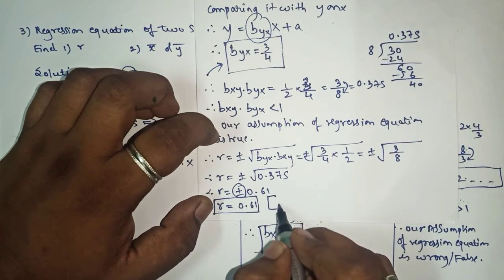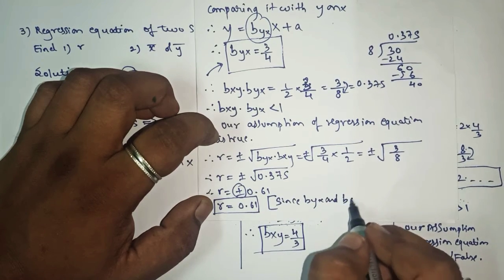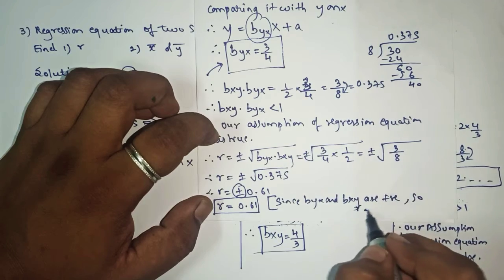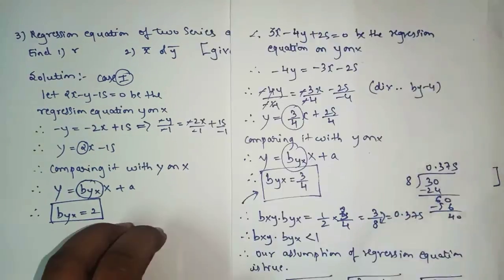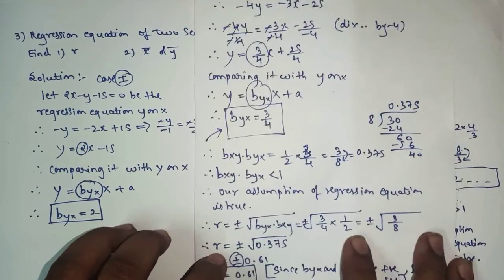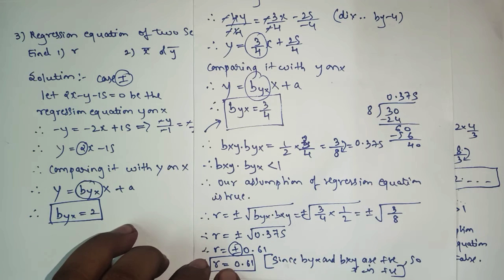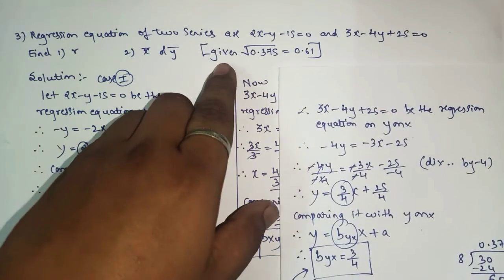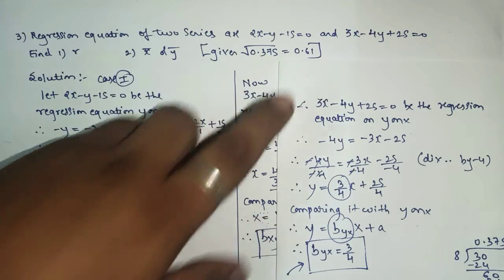And in the reason you will write, since byx and bxy are positive, so r is positive. Understood? Okay, so here we got the answer r equals 0.61, as both the values are positive, so that's why r is positive.